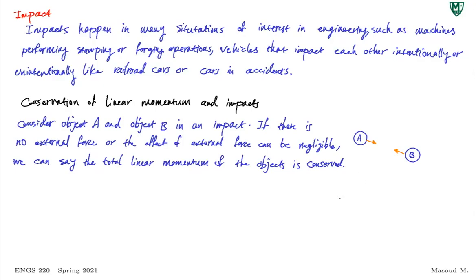So I can put it this way, FAB is equal to FBA, and FAB is the force exerted on A by B, and you can think about FBA, the force exerted on B by A. And they are equal, right? They are the same.